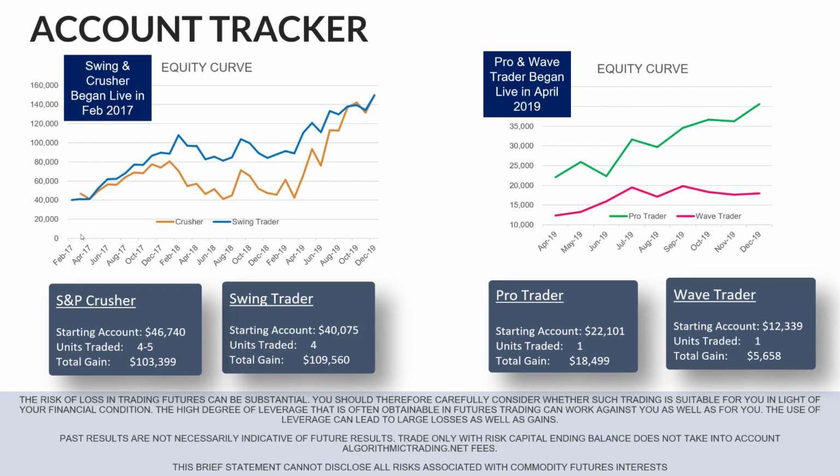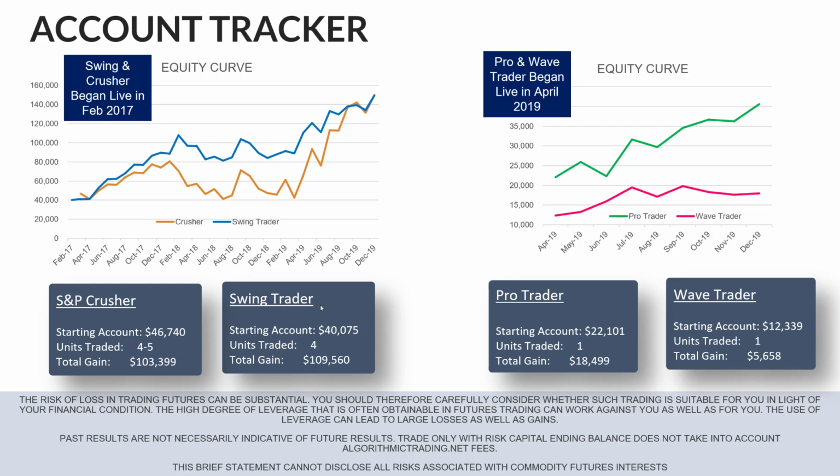Between February 2017 and December 2019, it's traded between 4 and 5 units. Initially it was trading 4, and then I believe around June of 2018, it bumped up to 5. That account had a total gain of 103,000. So the account went from roughly 46K to all the way over here, which is about 150K. This crusher account has done just incredibly well.